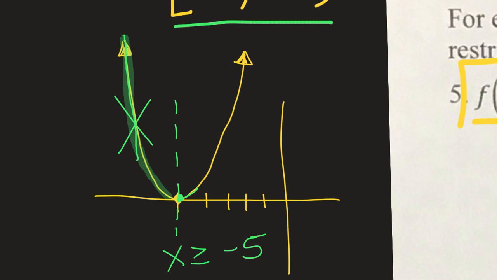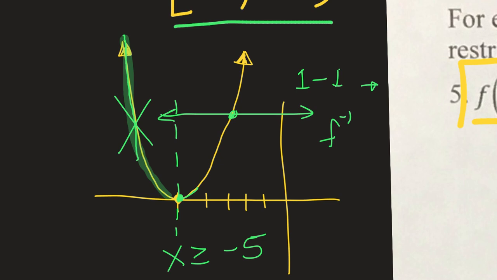We're finding a domain restriction so that now if you draw a horizontal line, there's only one side of your quadratic to run into. Okay, and applying the horizontal line test, if it only crosses once, that means your function is 1 to 1. And if your function is 1 to 1, that means the inverse exists.